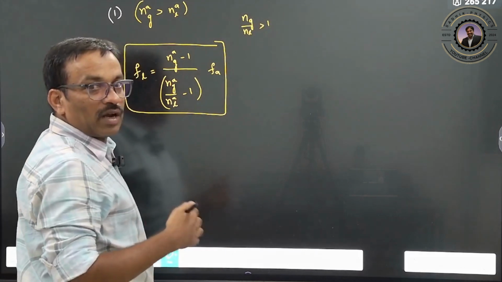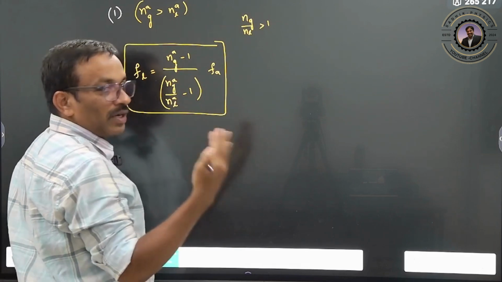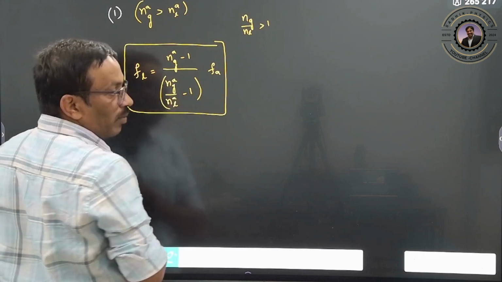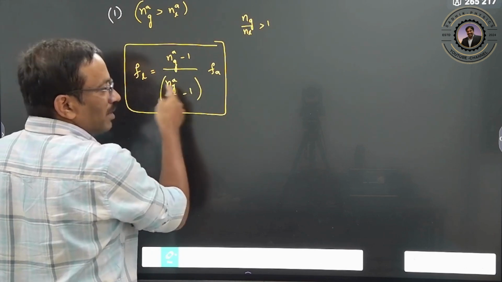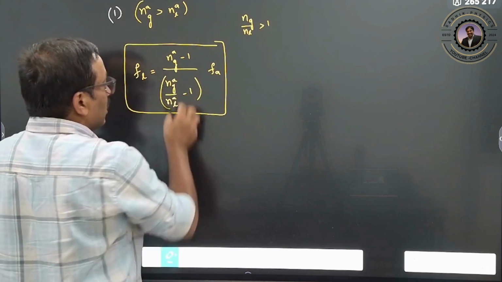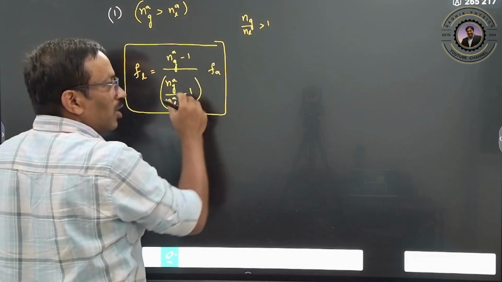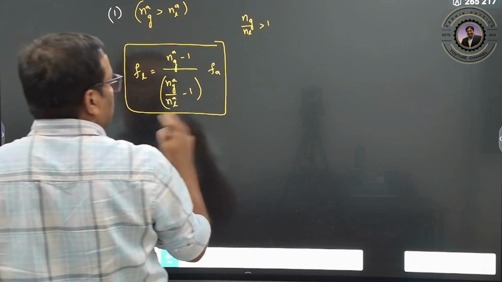Greater than 1 but not too much greater, therefore it will be 1.2, 1.3 like that. Therefore subtracting 1, you will get 0.3, 0.2, 0.7, something like that. So this is divided by the smaller number, and anything divided by a smaller number you will get as larger, and there is no change in the sign.